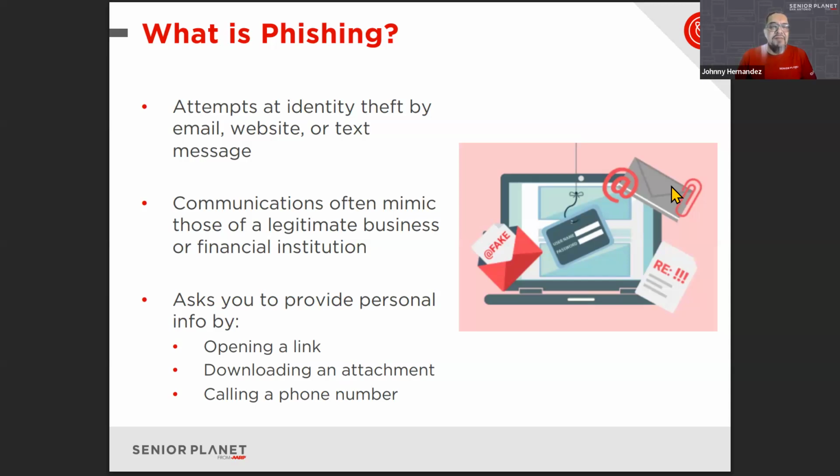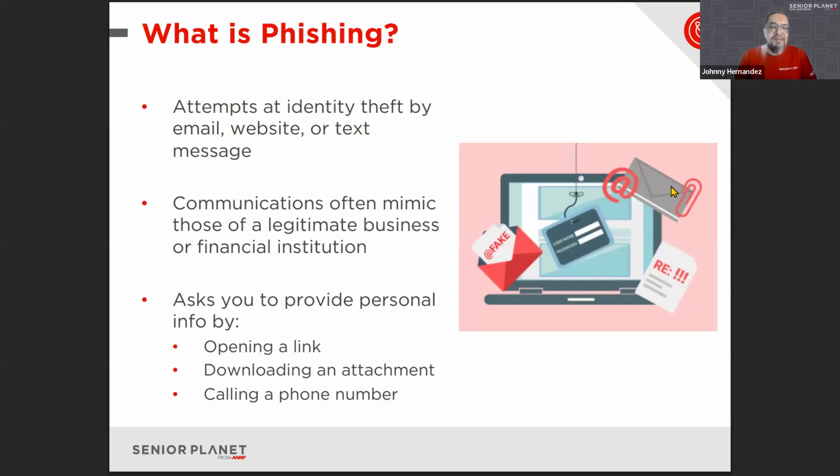One text message I've heard a lot of people receiving is something supposedly coming from USPS, letting you know that there is a package on hold because the address label has been ripped off and they can't deliver it to your home, and they're asking you for your home address and this and that. That's definitely a good example of a phishing communication via text.